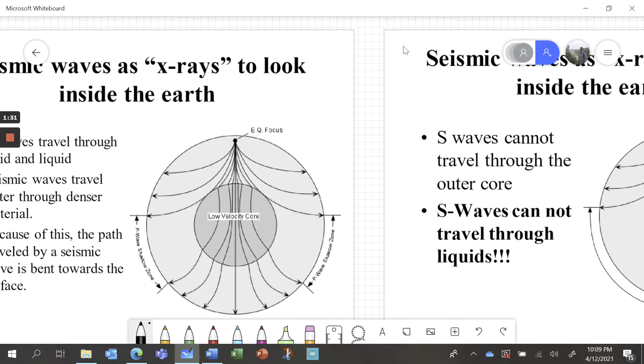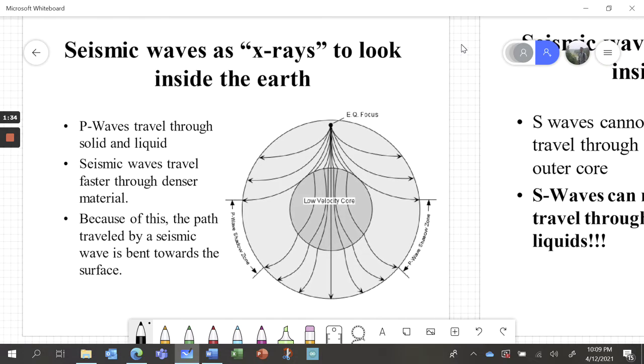So if we took a slice of Earth and we then had an earthquake happen, and we were to take a picture of the paths that the waves take, we would see that a P wave, P is for primary, travels through all of the Earth. It can go from one side of the planet directly to the opposite side. The reason is because remember, P waves can travel through any type of matter, solid, liquid, or gas. So it can travel through the solid space and the liquid space.